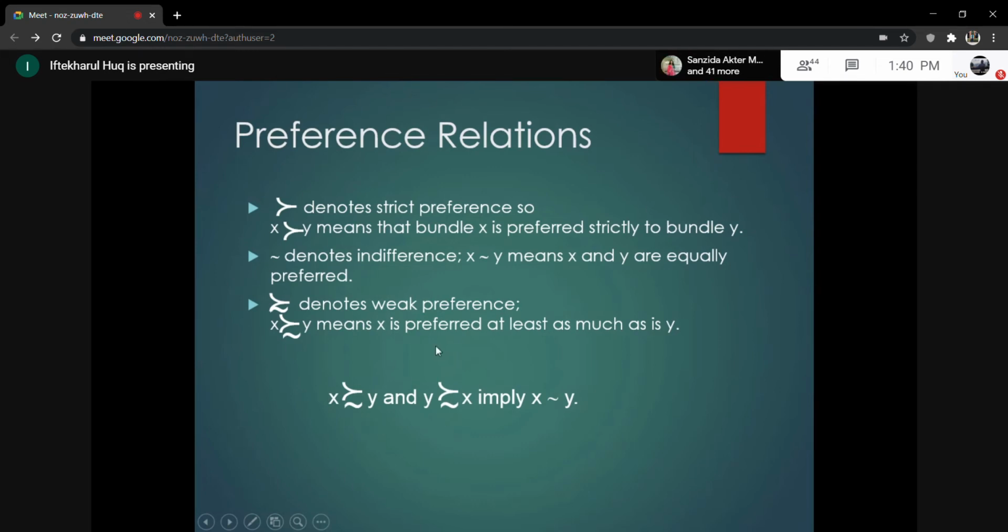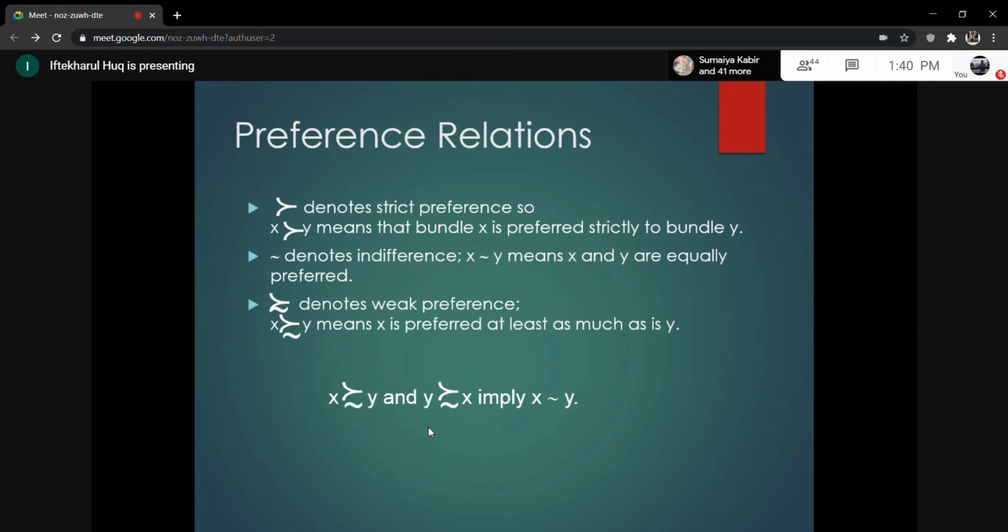The only thing that can remove the contradiction is by saying that X is exactly as preferred as Y. That means there is no difference between X and Y to you.